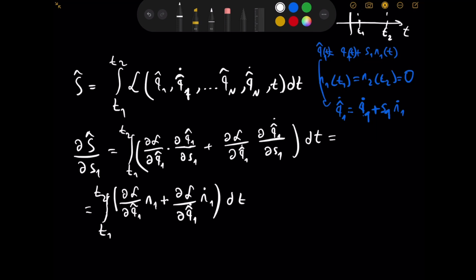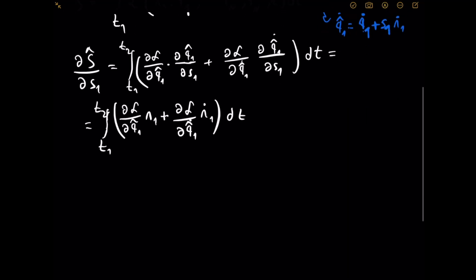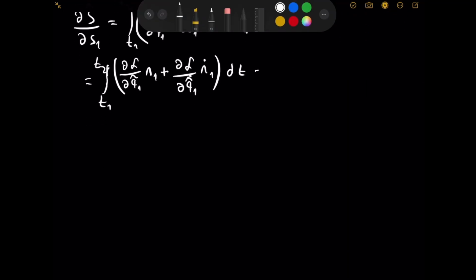Now I want to break this integral up to two pieces. So it will be like, so this is the first one. Now comes the second one, which is this part, right?